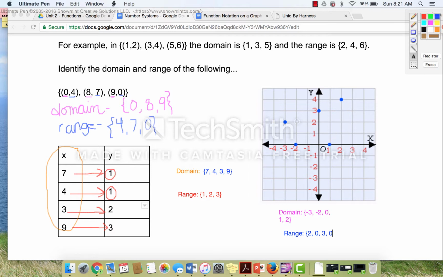But I already used 0, I did not need to write it twice. And then when x is 2, y is 4. All right. So again, in identifying my domain and range, for domain, I'm just going to pick all of my x values. For range, I'm just going to list all of my y values. Nothing too crazy.